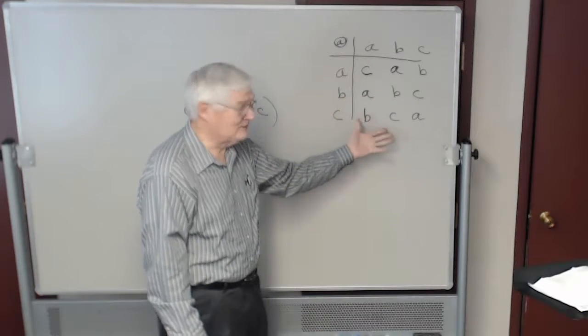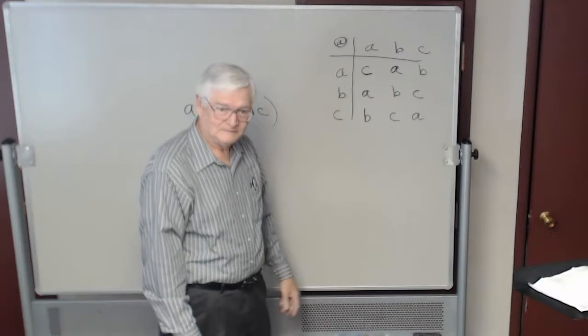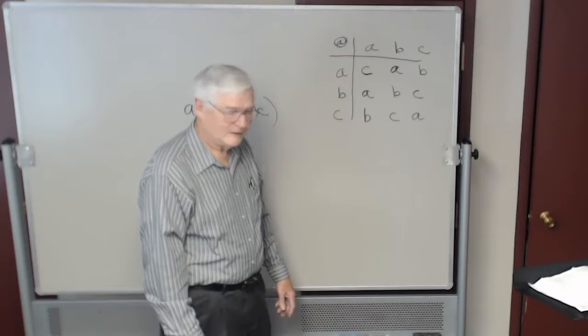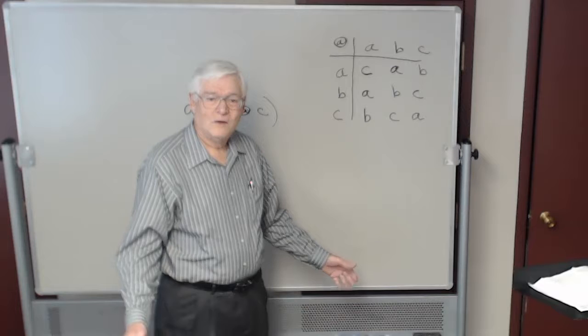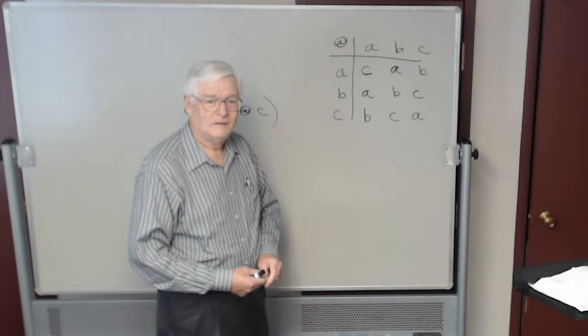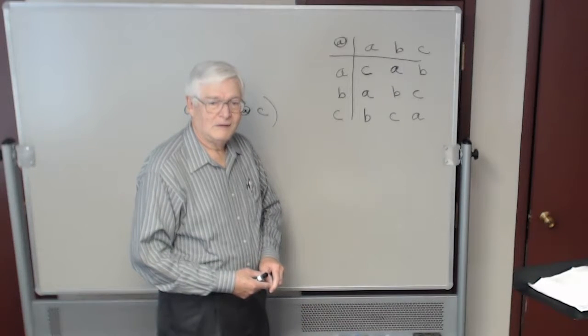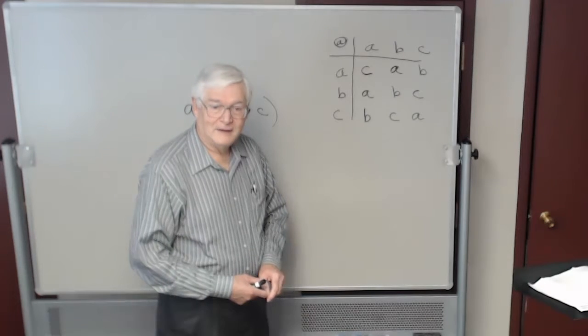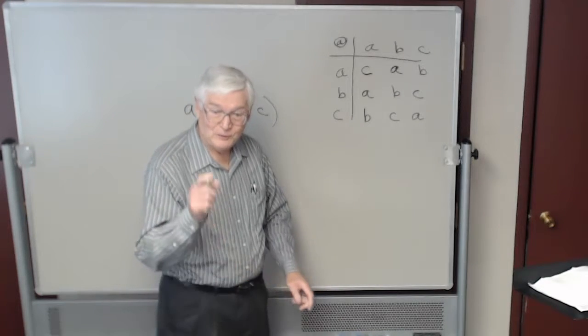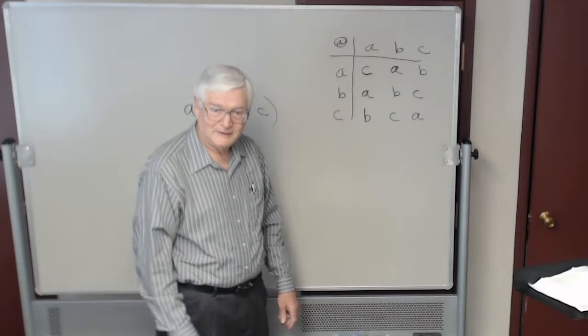So they had to give us some information. If A was 1 and B was 2 and C was 3, then A times A equals C, 1 times 1 equals 3. That would be right if you put numbers in there.